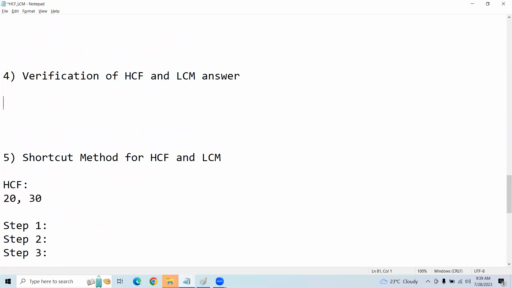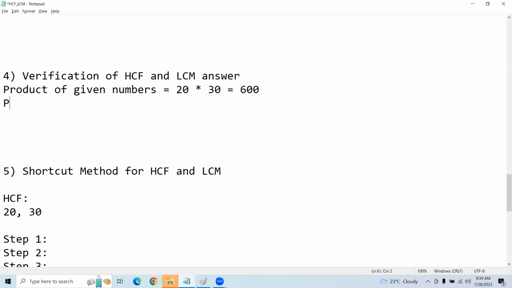So let's try to verify our answer. So first of all, can you do the product of given numbers? Product of given numbers is 20 into 30. So that becomes 600. Now try to do the product of HCF and LCM.